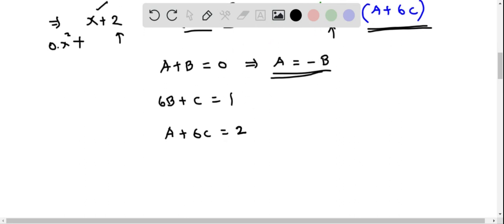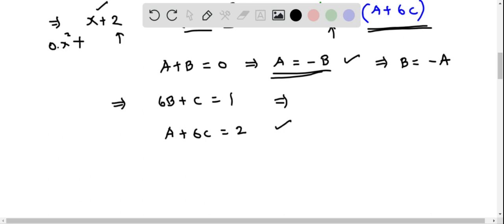Since we already know that a equals negative b, I'm going to rewrite this equation in terms of a, so that I will have another equation involving a and c and solve these two equations. So first I'm going to do that. This can be written as b equals negative a.